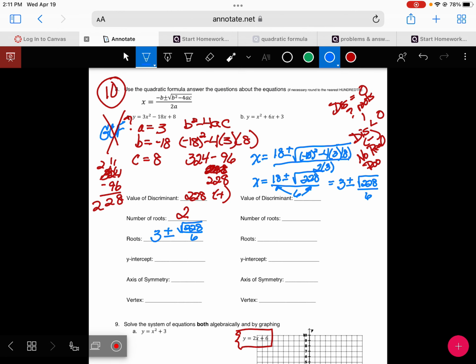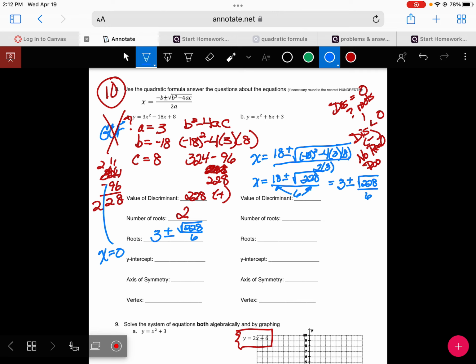Okay, y-intercept. How do we find the y-intercept? What is true for every point when you're talking about the y-intercept? These are the things you need to think of. Don't say, I need to find the y-intercept right away. Think, what else is happening when I have a y-intercept? Yeah, x is equal to 0.